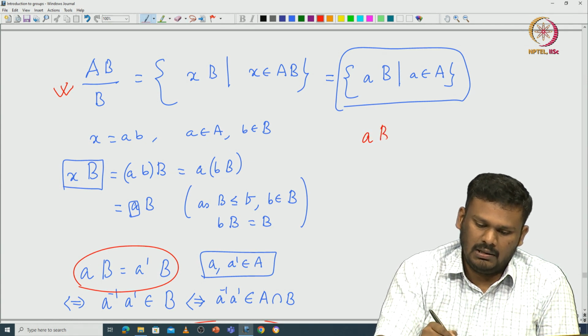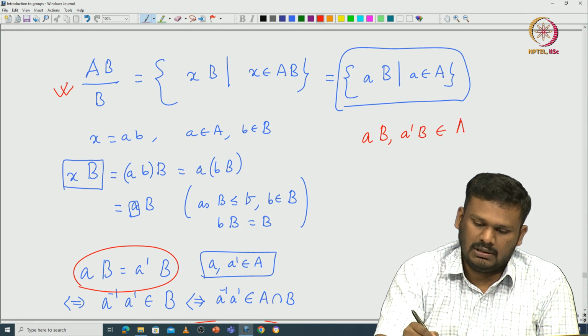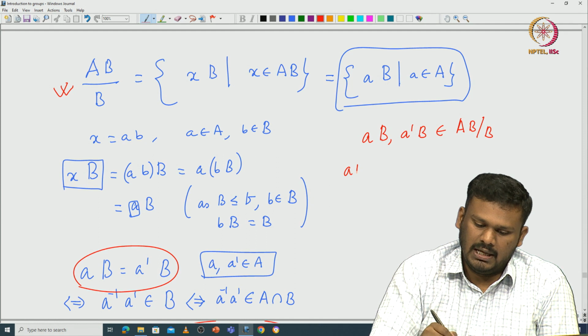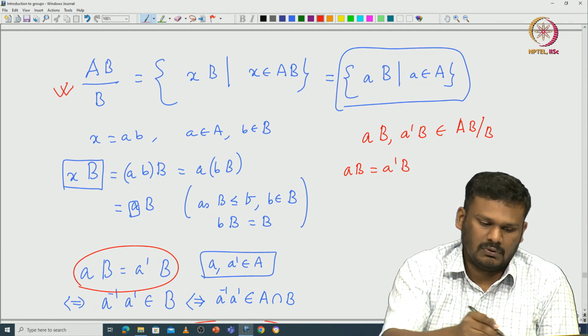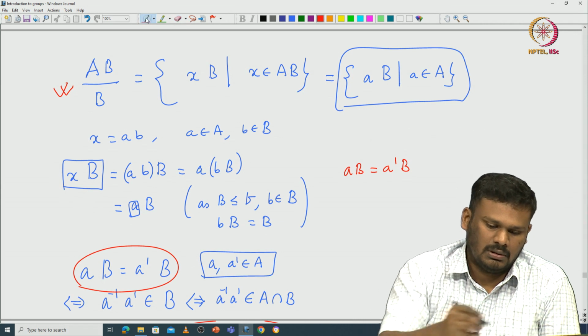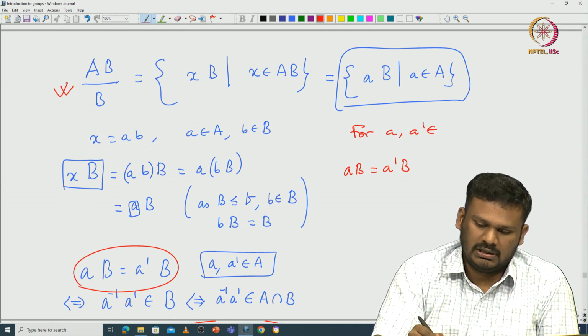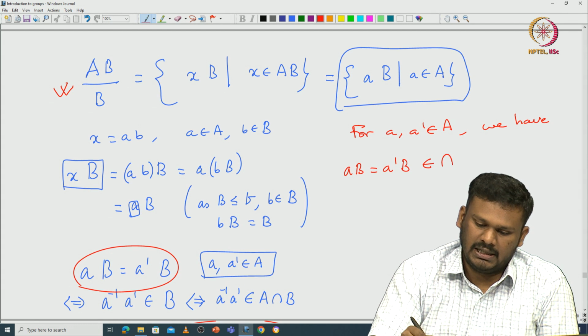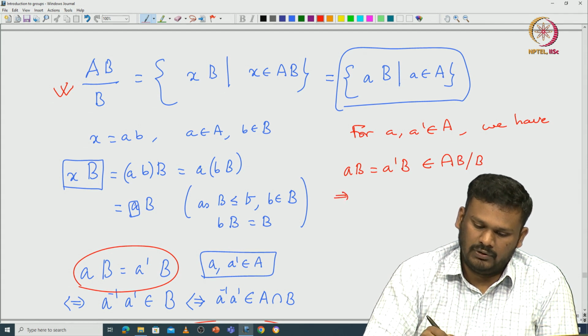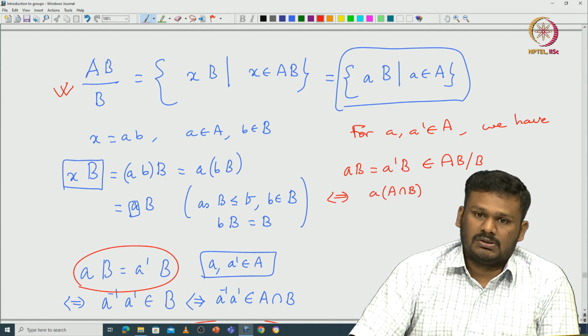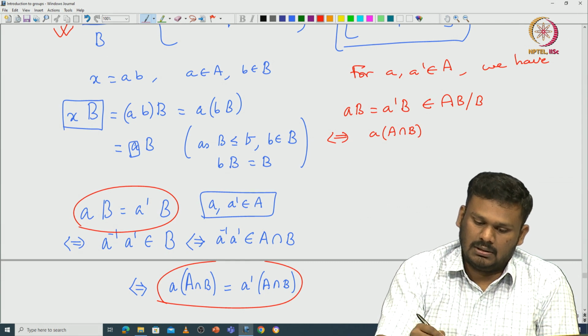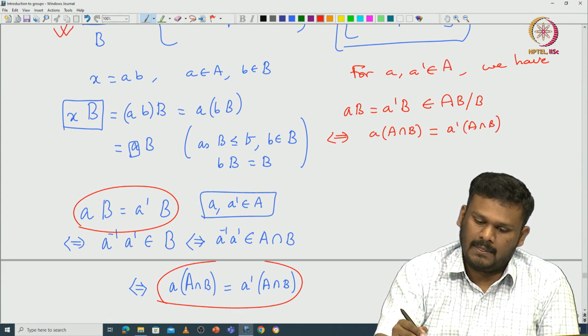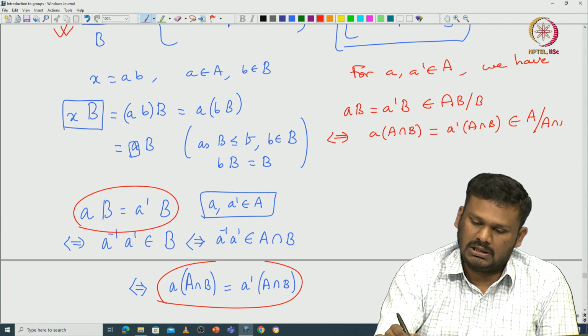If you take aB, a'B, two elements in AB modulo B, then aB being equal to a'B, let us now write it this way: for a' in capital A, we have aB equal to a'B inside AB modulo B, if and only if, as we proved, the coset corresponding to a(A intersection B) is the same as a'(A intersection B) in A modulo A intersection B.